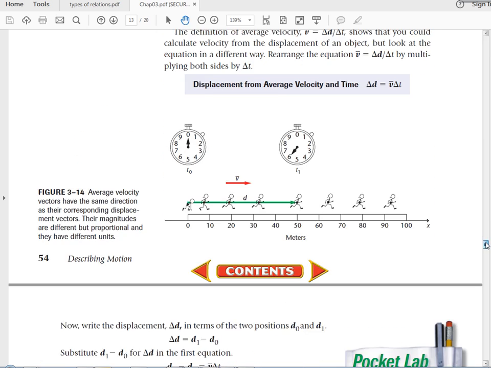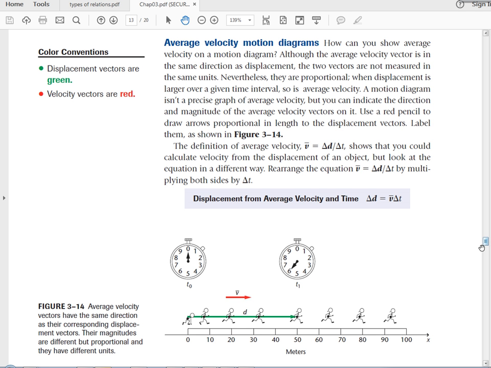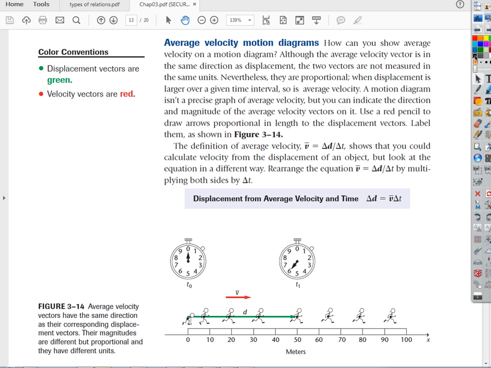Okay, here's one. Doesn't this make sense? I mean, really, this is a pretty hokey equation in a way, because that's just taking the definition of average velocity and solving for delta D, right? But it's helpful. It does give us a little different perspective on those quantities.